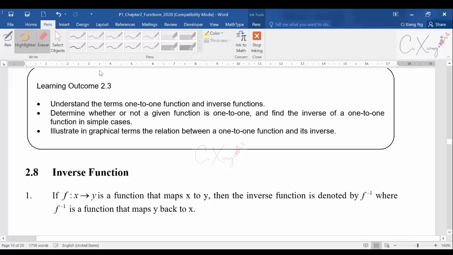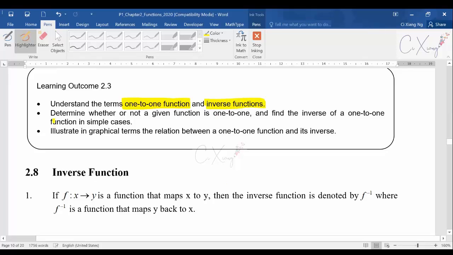Okay, so for this video's learning outcome, first you have to understand what is the meaning of one-to-one function. We learned about one-to-one relation before, right? So now you need to know what is the meaning of one-to-one function, and you also need to know what is the meaning of inverse function.